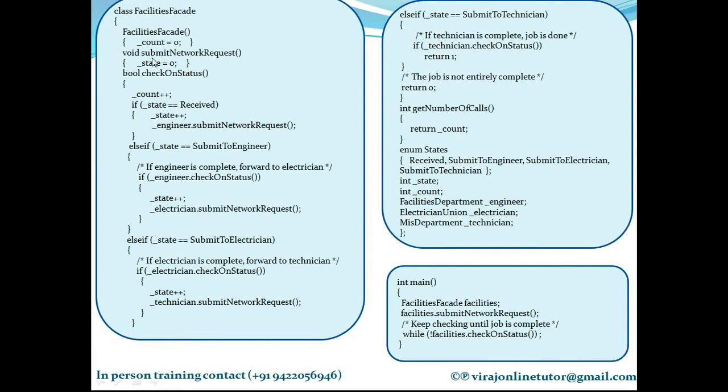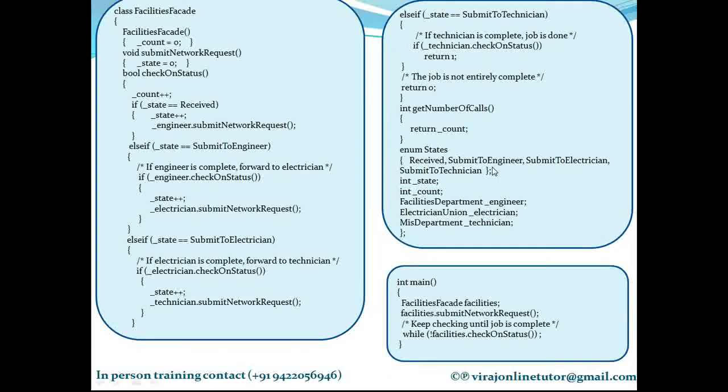So initially I call submit network request. State is 0. When I say state is 0, it means it is just received. Then people will call check on status. People will check the status for completion of their request. So if the state is received, that is the very first time, yes, it is received, then I'm incrementing the state.